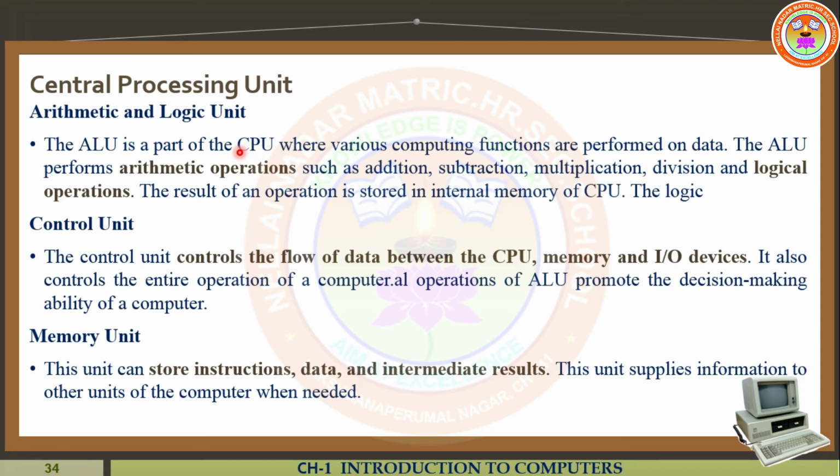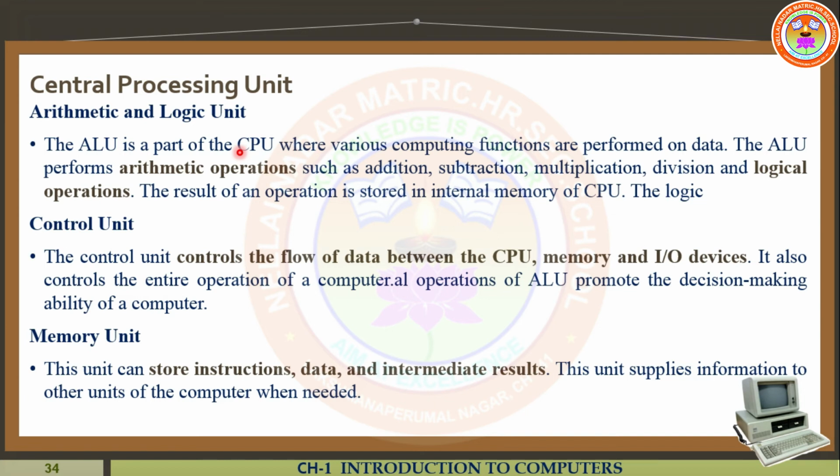Control unit. That's why the control unit should control the entire flow of data processing. It also controls the entire operation of the computer. So all the operations of the ALU promote the decision making ability of your computer. So which unit is called the decision making ability of the computer? That is known as the control unit.